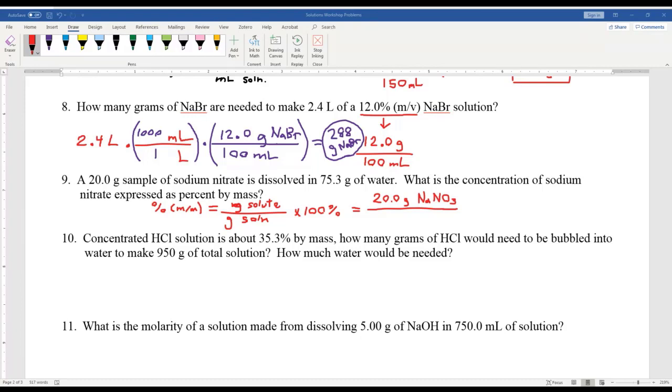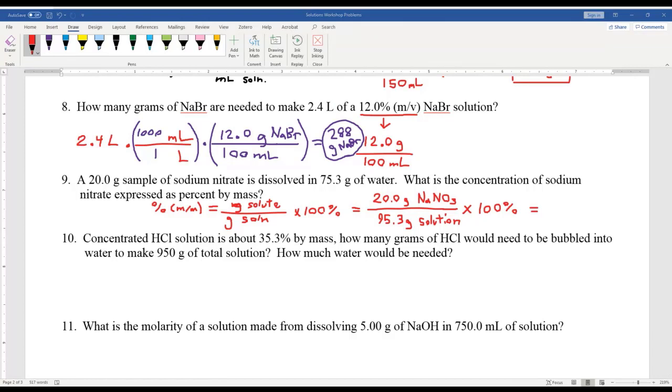In this case, it would be the 20 plus the 75.3, so 95.3. Does that make sense? The 75.3 is just the solvent, and I need both the solvent and the solute, both of them together to give me the solution.